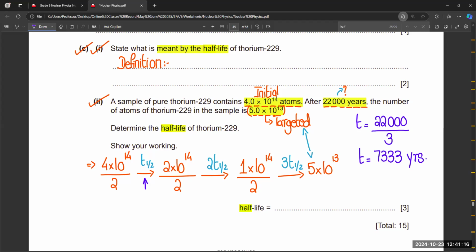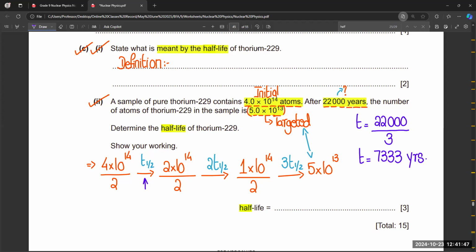We only know one thing, that there is a total time of 22,000 years to decrease the initial value to the targeted value. When we perform half-lives one by one, we got a total of 3 half-lives, and after 3 half-lives we got this value, 5 exponent 13. It means that in 22,000 years there are a total of 3 half-lives.